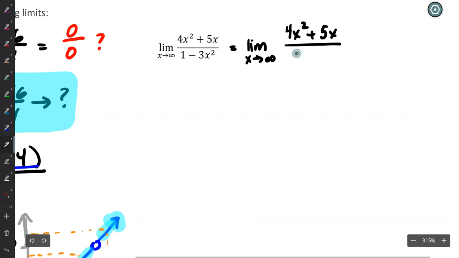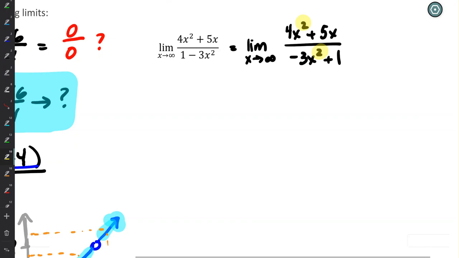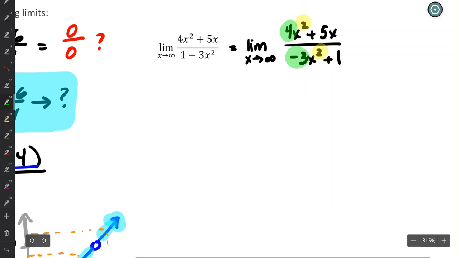That 3 is negative, minus 3x squared plus a 1. And we learned that when the degree of the numerator and the degree of the denominator were the same, there was a tie, and the answer is actually just sitting here. It's that ratio of the leading coefficients, 4 over minus 3. In other words, minus 4/3.